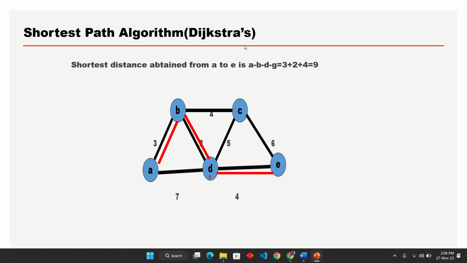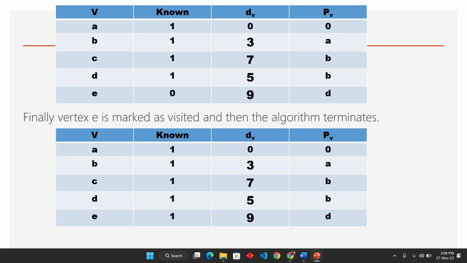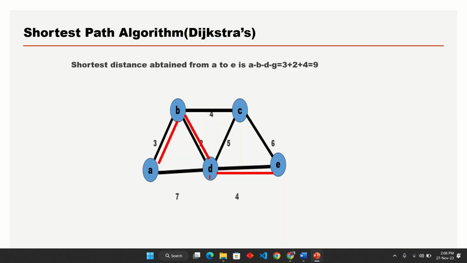So this is the procedure of Dijkstra algorithm to find the shortest path from the source vertex to the destination vertex. So as an overall summary, at each and every step we need to fill the table columns. You have to list out the vertices, the known value, whether you have visited the vertex or not, and then the distance and then the path value.